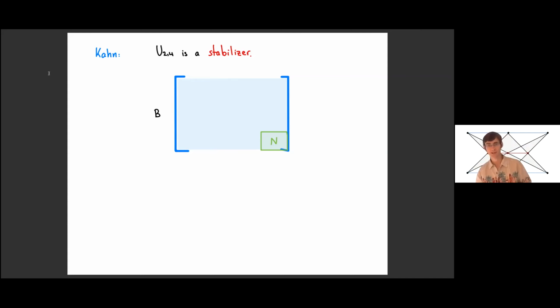So to be precise about that, take a 3-connected GF4 representable matroid, and now I can always find a basis so that to get the U24 minor, I'm only contracting elements from the basis and only deleting elements from outside the basis.